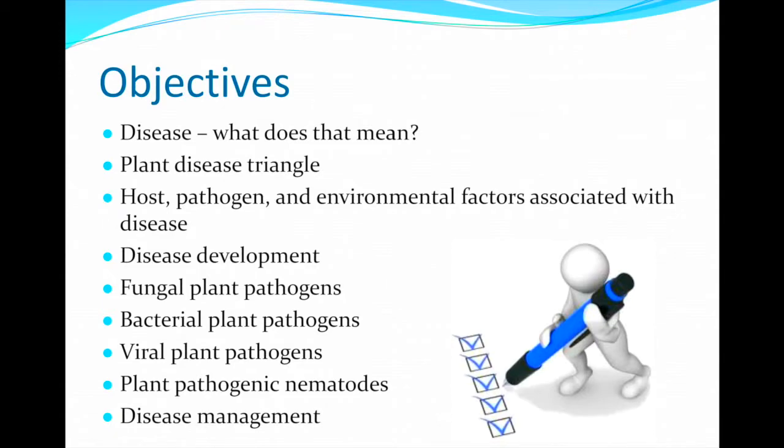This is where we can really start to get very complicated into how plants respond to both living or biotic factors and non-living or abiotic factors in their environment, and whether they're going to become diseased, if they're going to get a deficiency, become disordered, or if they're going to live out just a perfectly healthy life.